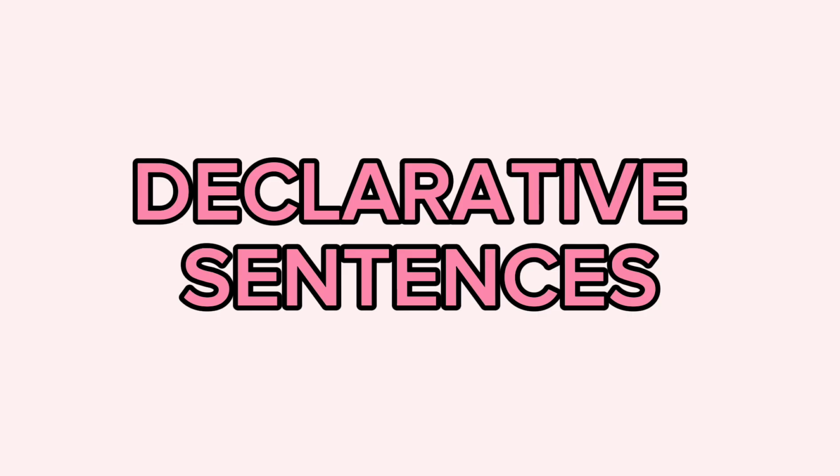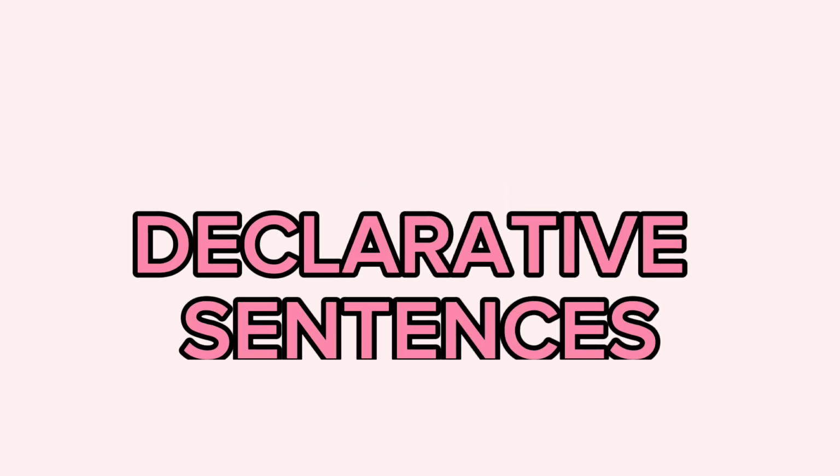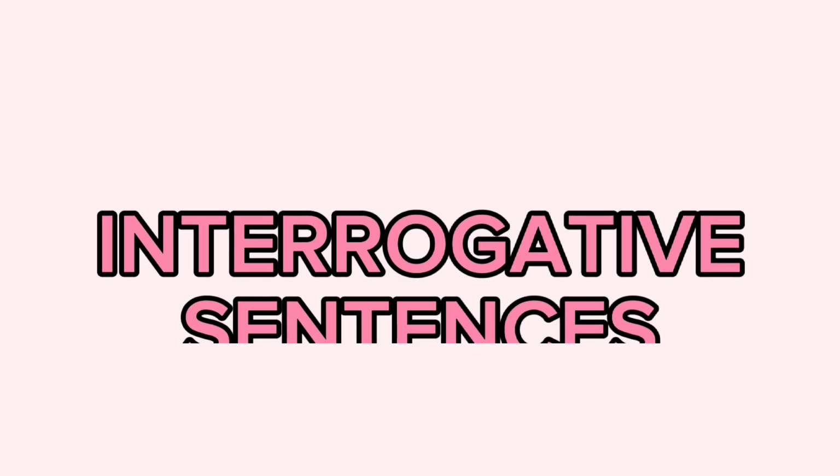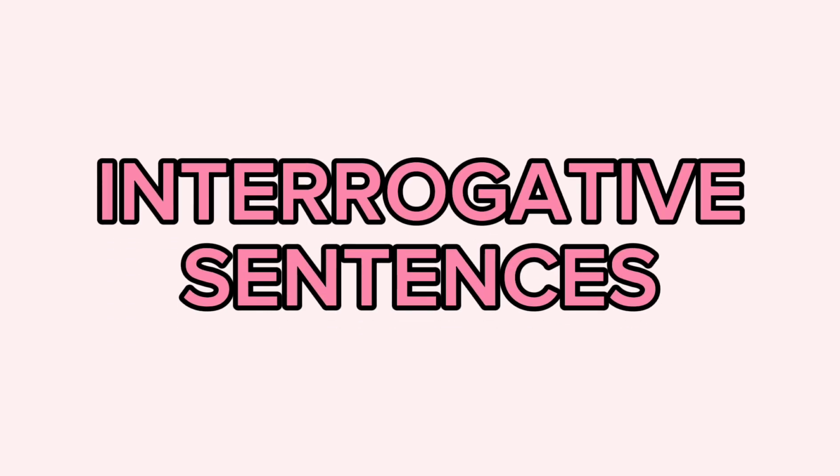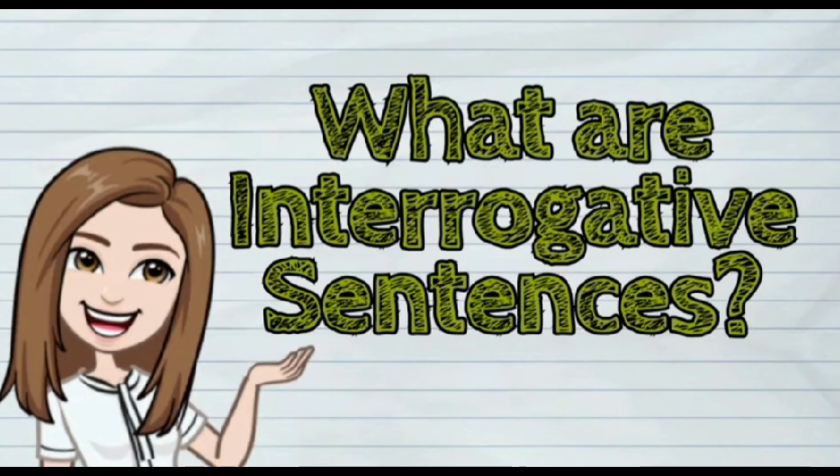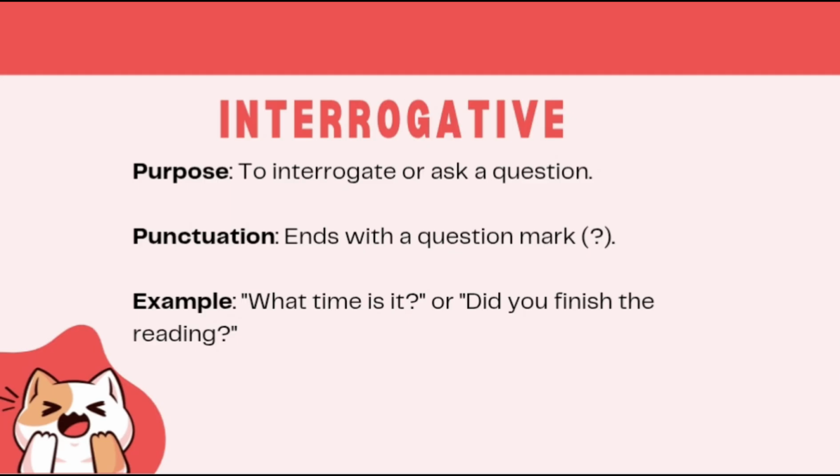Okay, so now that you have learned the declarative sentence, let's now talk about the interrogative sentences. Today's question is, what are interrogative sentences? Interrogative sentences' purpose is to interrogate or ask a question. It usually ends with a question mark.